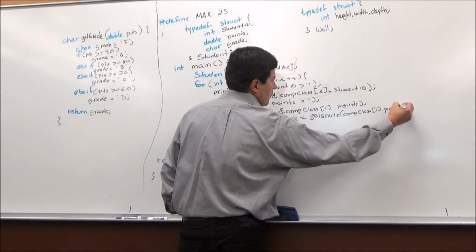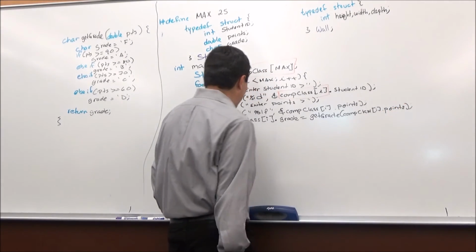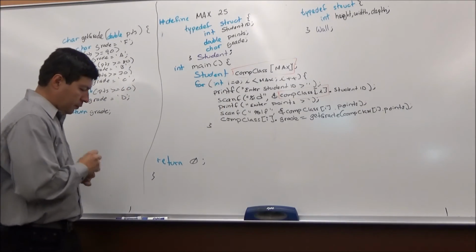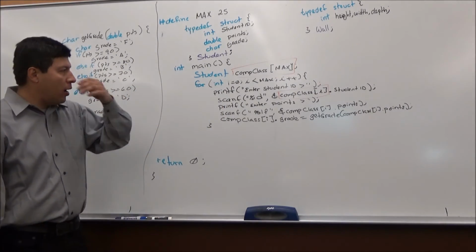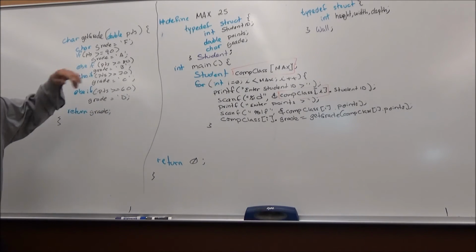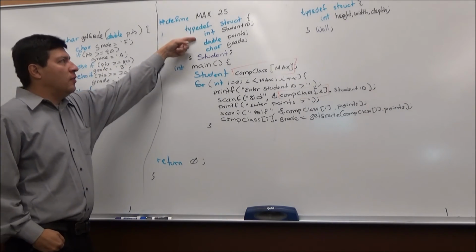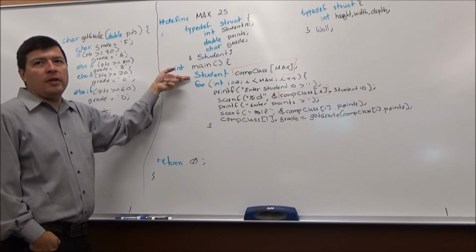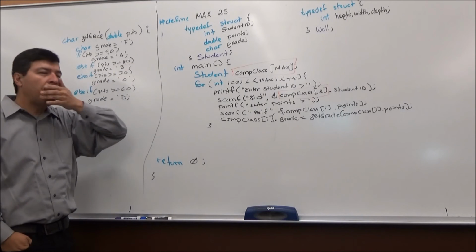All right, so this is the equivalent of what we have when we have parallel arrays. The only difference is, instead of having 3 arrays, one of ints, one of doubles, one of characters, I only need 1 array of students.